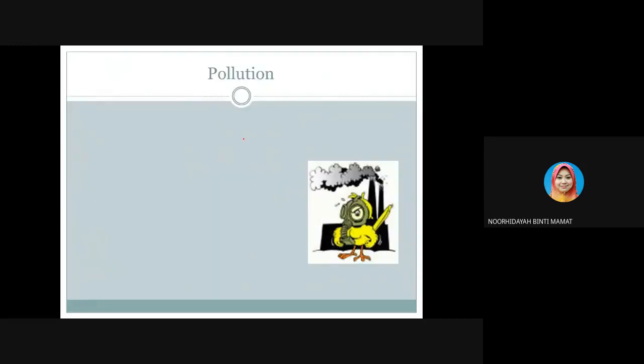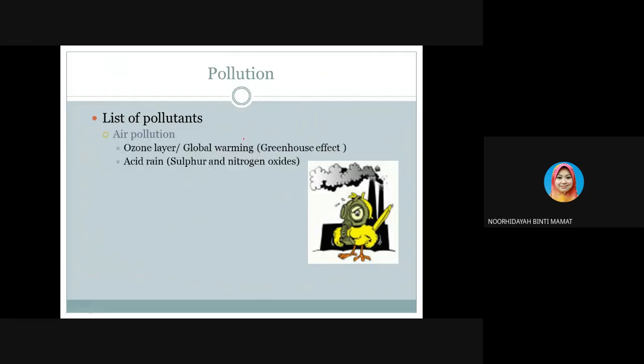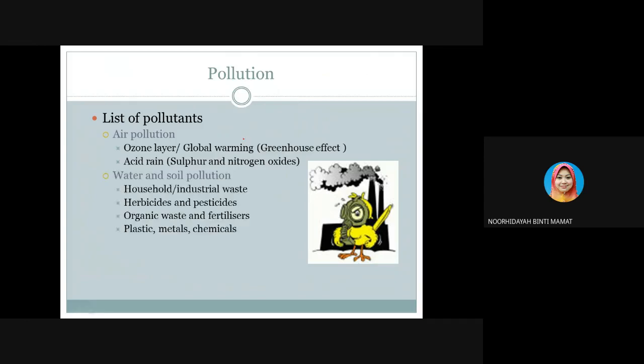The third one is regarding pollution. This is the list of pollutants. Pollution has a major effect on animal health and welfare, with direct links to the impacts of pollutants on human health and welfare.